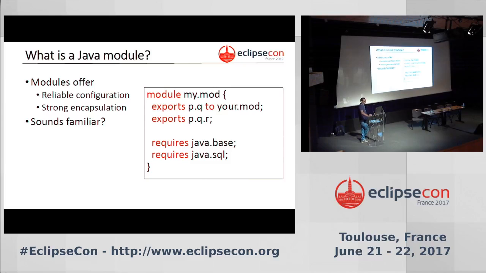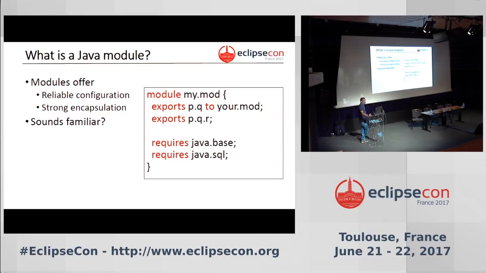And on the right you have a simple module descriptor. As you can see, it exports a bunch of packages, optionally to target modules, and it can depend on other modules. In this case, it requires java.base and java.sql.